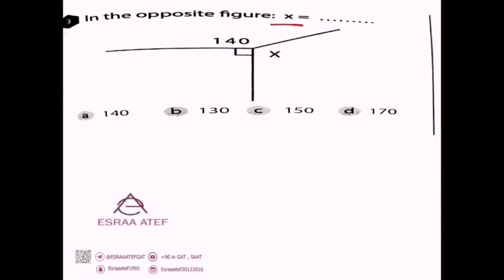Next one, here he wants me to get x. All of them form one complete cycle, so the angle of the cycle is 360.